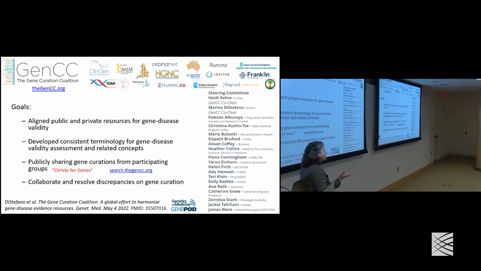All right, I mentioned this other database that we've started called the GenCC. GenCC stands for the Gene Curation Coalition. And basically, a number of years ago, we recognized that there were multiple gene-level databases out and about: OMIM, Orphanet, the TGMI G2P, the Genomics England PanelApp, Australian Genomics PanelApp.